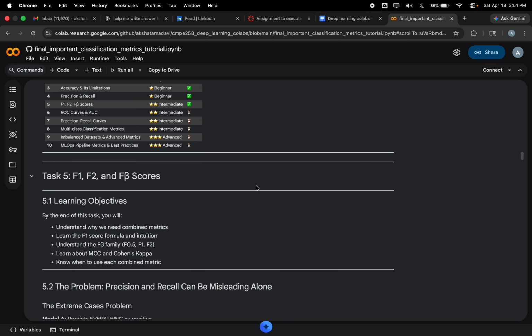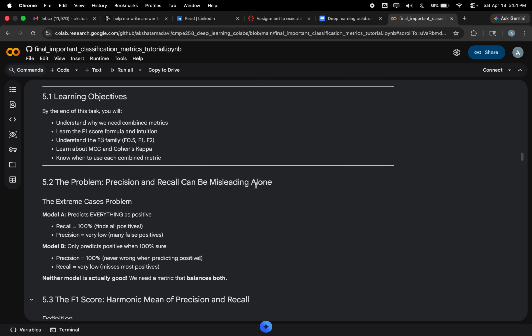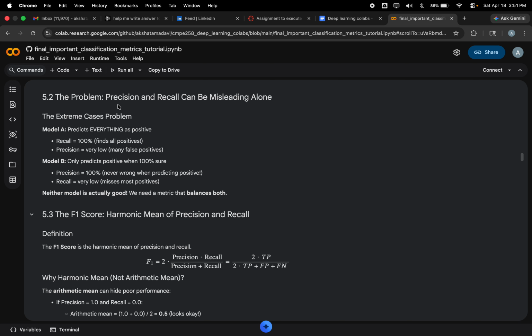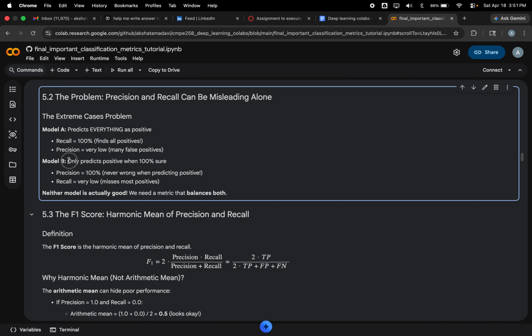Now let's look at F1, F2 and F beta scores. So let's look at the problem. Precision and recall can be misleading alone. The extreme cases are model A, which predicts everything as positive. So the recall is 100% because it finds all the positives, and precision is very low because there are many false positives.